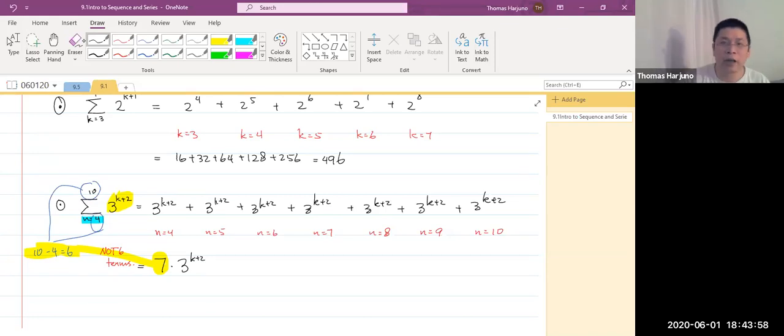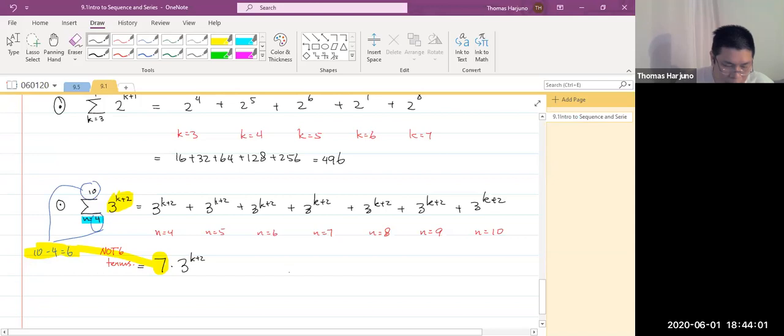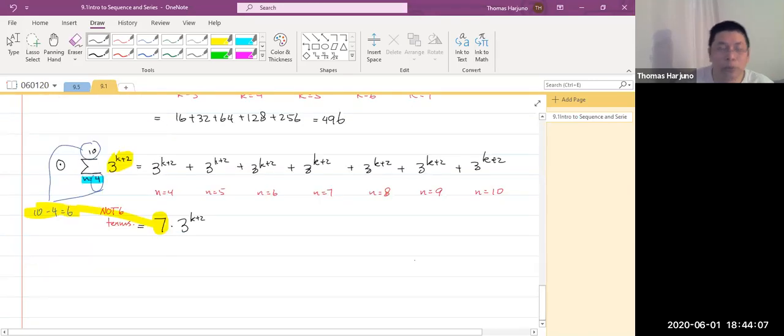Now that gives us the idea for questions like, let's see, there are some problems in our textbook that require us to use a formula, which they provide in the book, but I don't teach you any formula yet. Suppose, for example, question number 48.